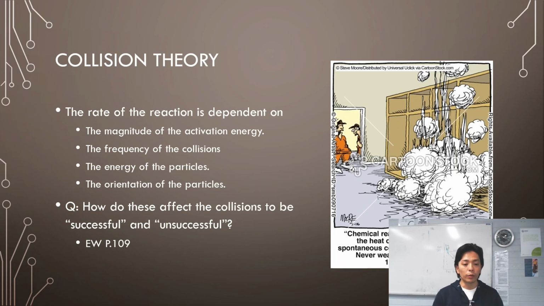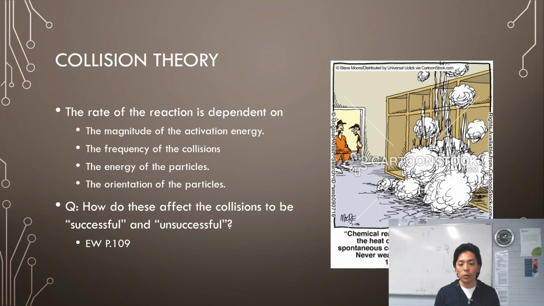Now, the rate of reaction in collision theory depends on the magnitude of activation energy. If the reaction requires a lot of activation energy, then that rate of reaction will be fairly low. They don't just react normally. The frequency of the collisions, if there was less concentration, is not going to be as successful.